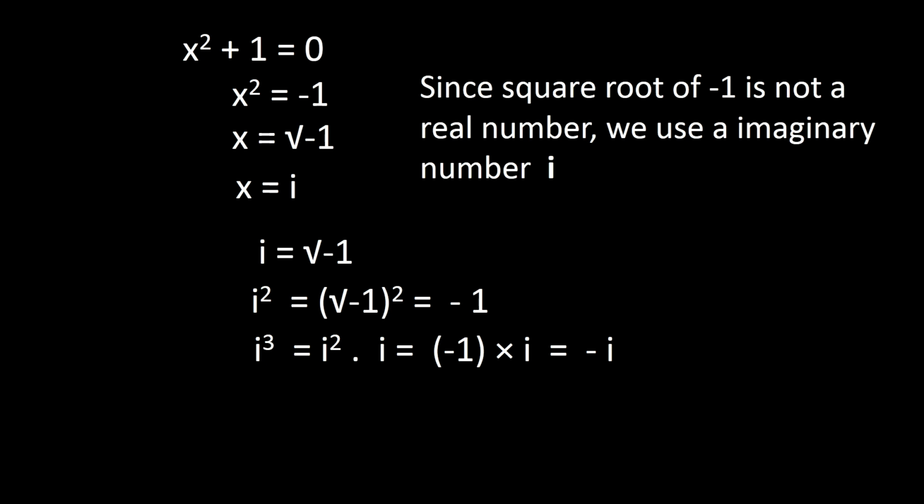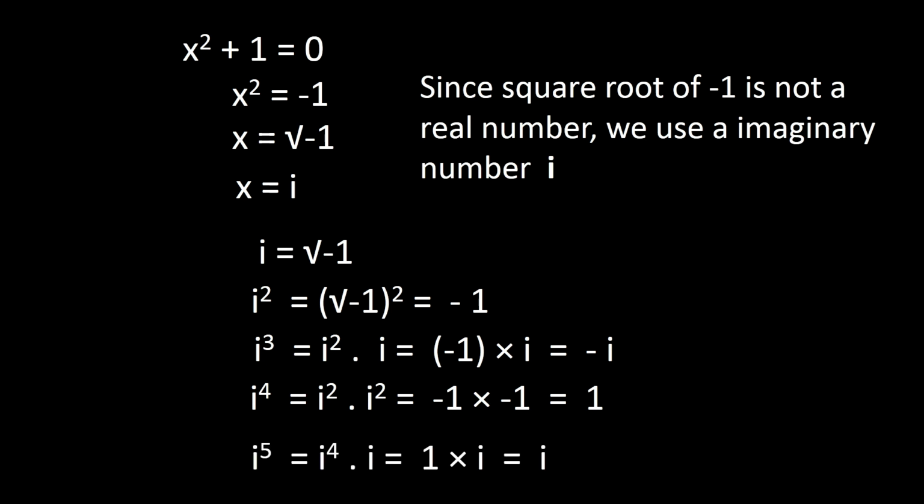And since i raised to power 2 is minus 1, and i is i, we multiply it and we get minus i. So i raised to power 4 is equal to i raised to power 2 times i raised to power 2. i raised to power 2 is minus 1 times minus 1, which is equal to 1.